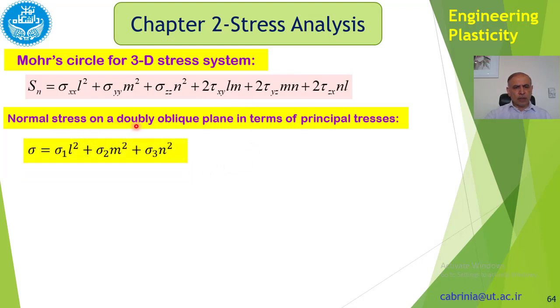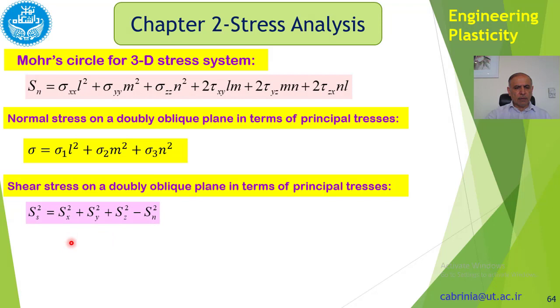Also, the normal stress on a doubly oblique plane in terms of principal stresses is like that. In fact, we have used this equation to obtain this, because on a doubly oblique plane in terms of principal stresses, the shear stresses will be zero. The plane will be such that the shear stress is zero. So we have only normal stresses, and we have shown the normal stresses sigma 1, sigma 2, sigma 3 here.